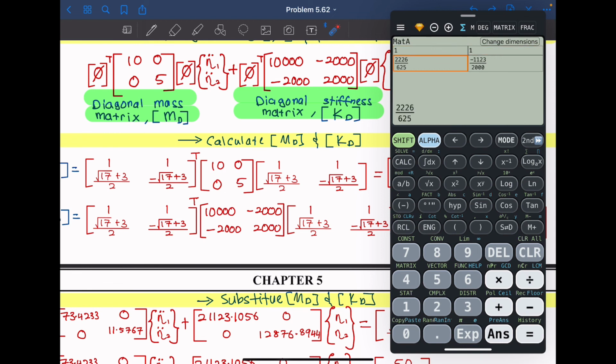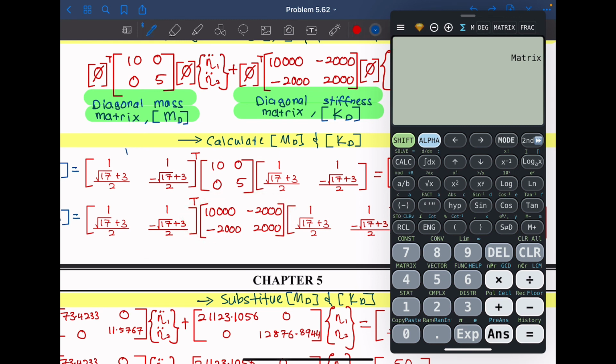Here, instead of using this, I use the exact value, which is square root 17 plus 3 over 2 and negative square root 17 plus 3 over 2. Everything is the same. We haven't touched our matrix B yet. Our matrix B is still this one, and this is still our matrix C.